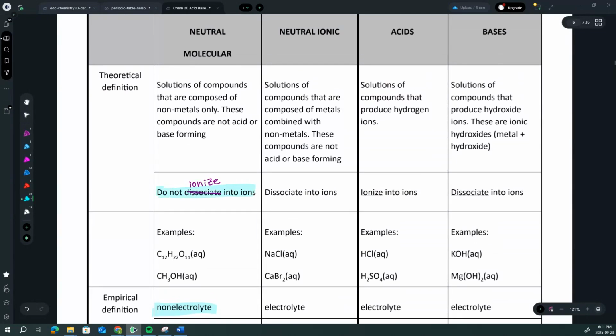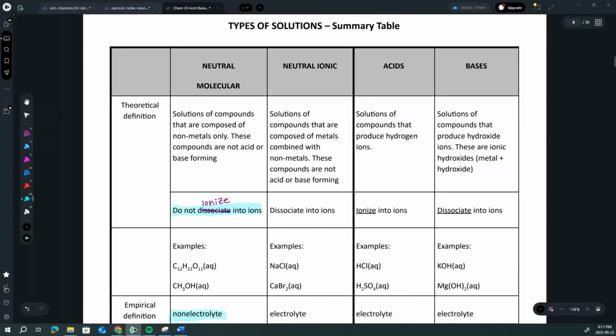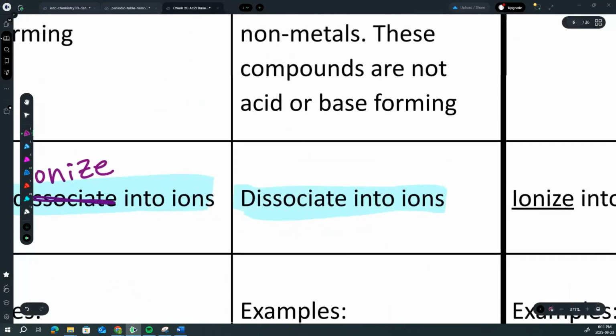Let's also highlight this because that's actually pretty important. Neutral ionic compounds are solutions of compounds that are composed of metals combined with nonmetals. These compounds are not acid or base forming, again, because it's neutral ionic. And if they are soluble in water, they do dissociate into ions. So let's just add that in: if soluble in water.